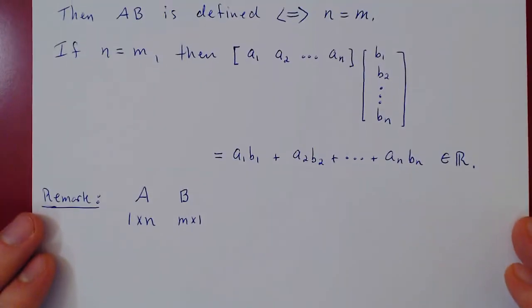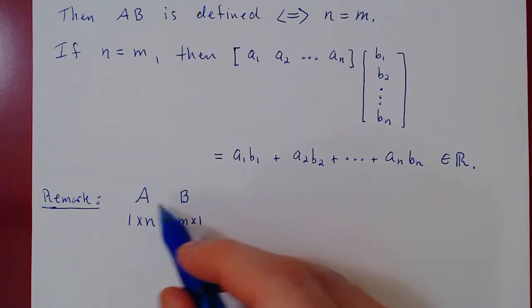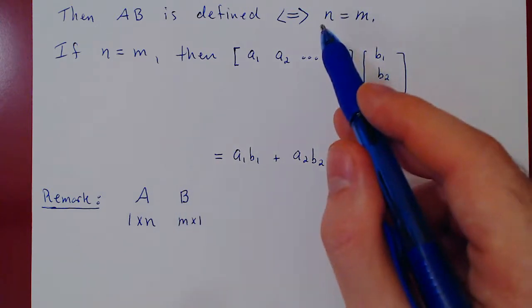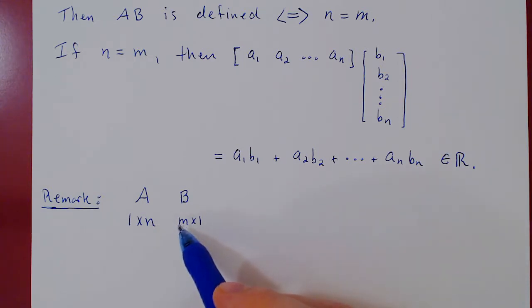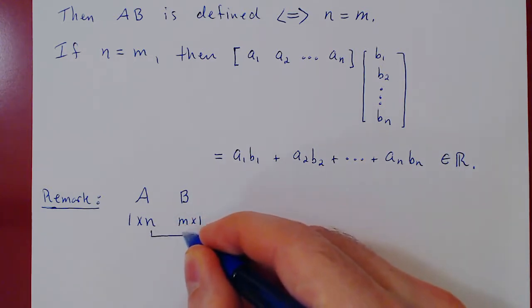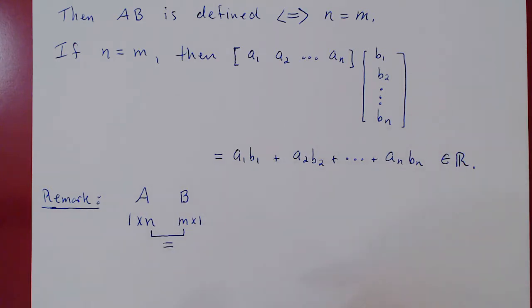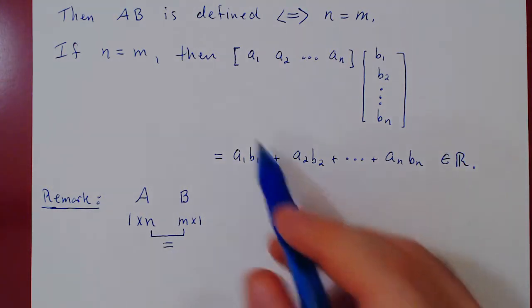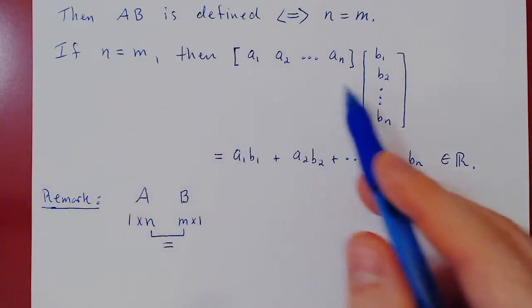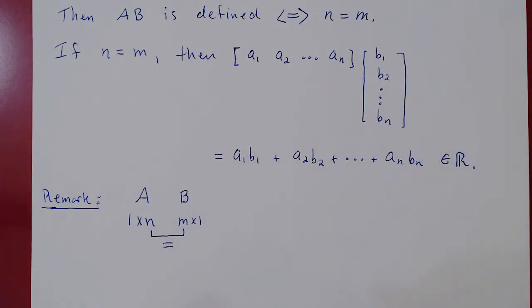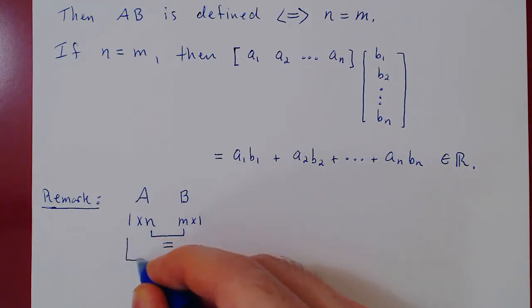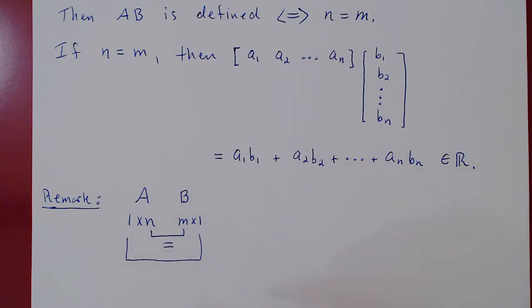And you see the only way for A and B to be defined is if n equals m. And so you see the number of columns of A must equal the number of rows of B. So both of these must be equal. And what's interesting is, if you think of it, the end result, A times B, is a real number. But you can think of a real number as a 1 by 1 matrix. And if you look here, 1 by 1 is a real number.